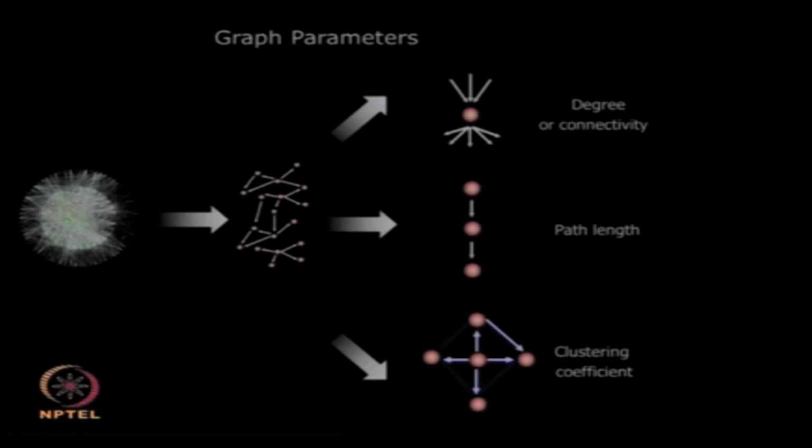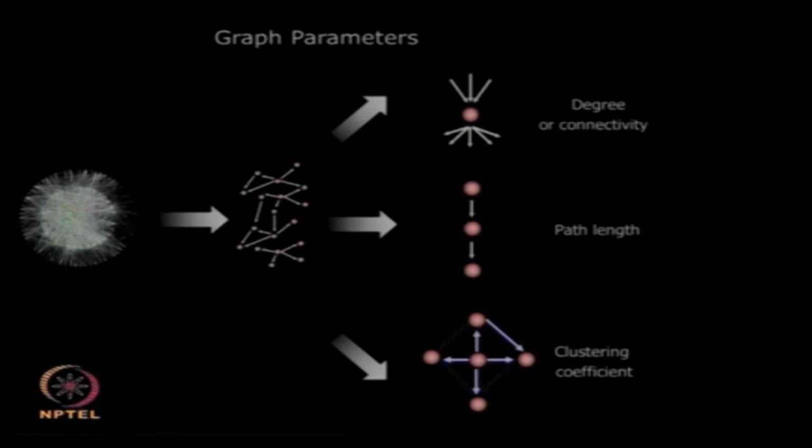Now, often when you look into a network as such, you do not have a clear understanding of the properties of the different nodes. But when you look into specific aspects, such as degree, it tells you how many connections a particular gene, protein, or node has in your network. So, what we can say from the first example on the top is the degree of the node is 8. That means it is connected to 8 other proteins.